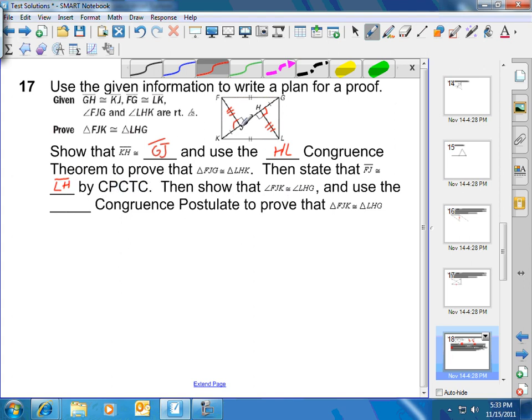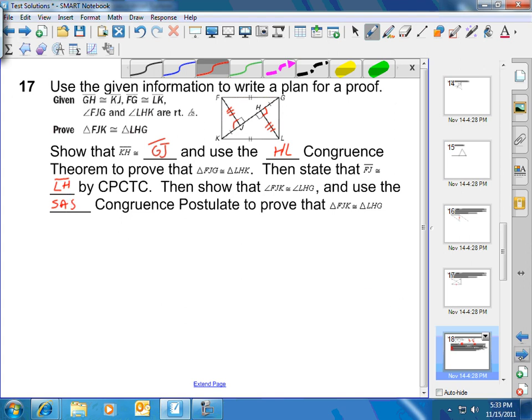And then we know that these angles FJK and LHG are 90s, so we can use the side-angle-side congruence postulate to show that these two triangles are congruent.